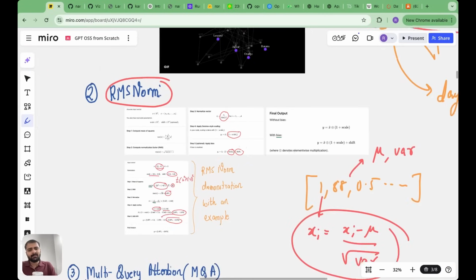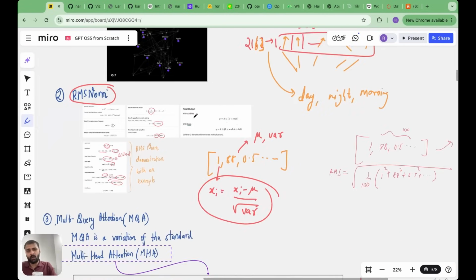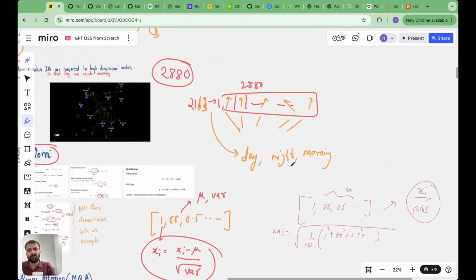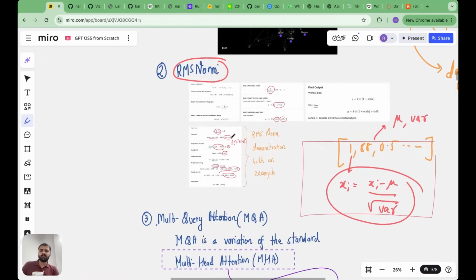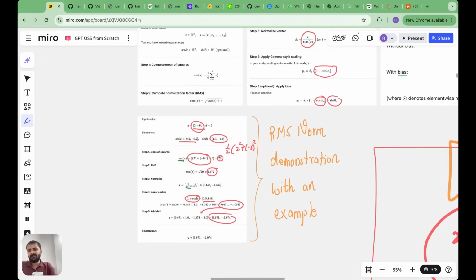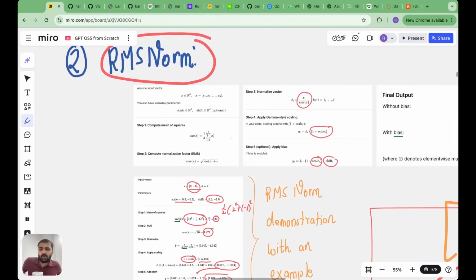Now, why is this normalization preferred a lot more currently compared to the previous version? I think the reason is that it is slightly computationally faster, and the performance has also been shown to be a bit better than the previous version of normalization.